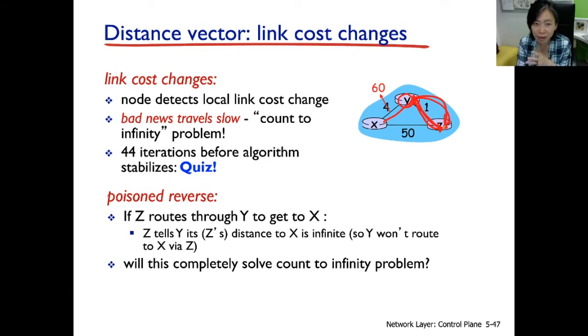So z, being still under the impression that the best route is the one before the link change, needs to know about the link change. Poison reverse works this way.